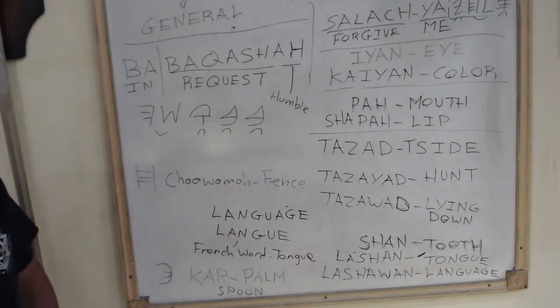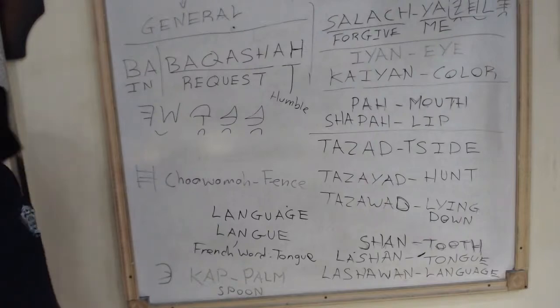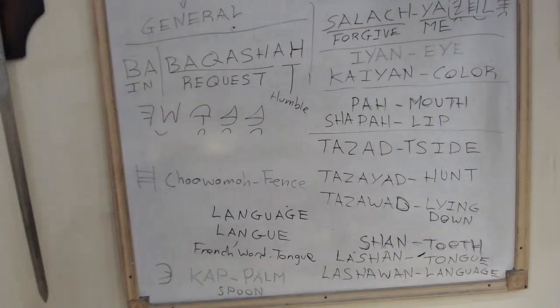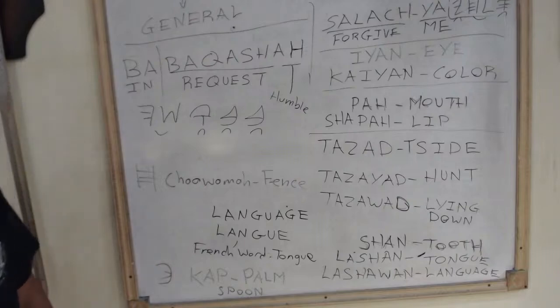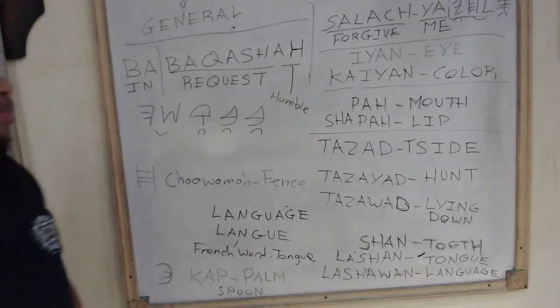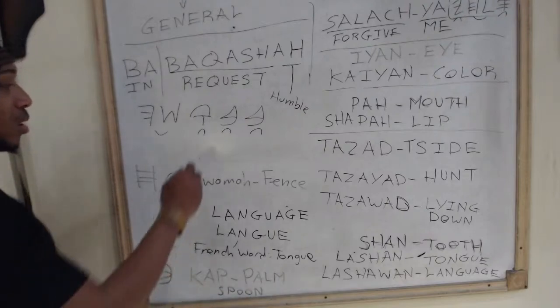We got a question, sir. Mashima asked, if Shun is tooth, is Shawan teeth? Shawan is to say I. Remember now, the wa is like an ing, right?